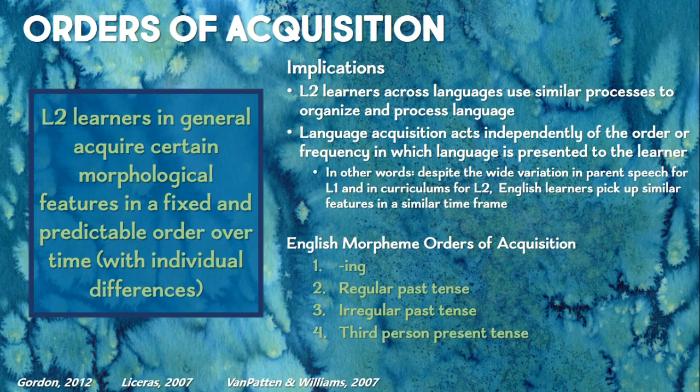Regular past tense is also very frequent, very important to the meaning of the sentence. And learners pick up that pattern relatively quickly. Also in English, there's not a ton of variation with regular past tense, but there's a ton of variation with irregular past tense. So that usually comes later. But here's the mysterious part. The last thing that they learn is present tense.